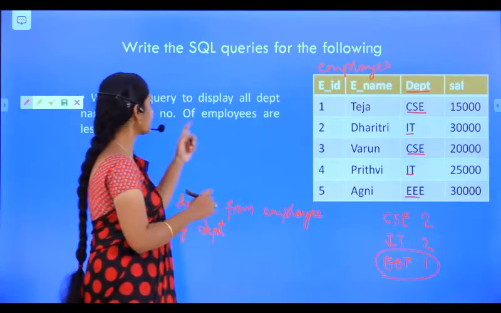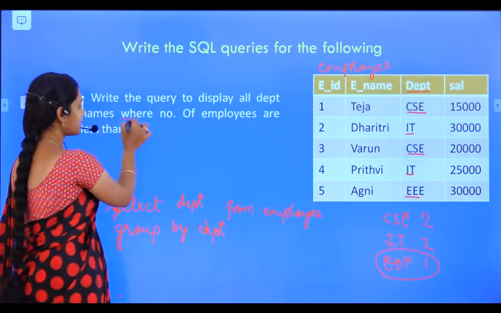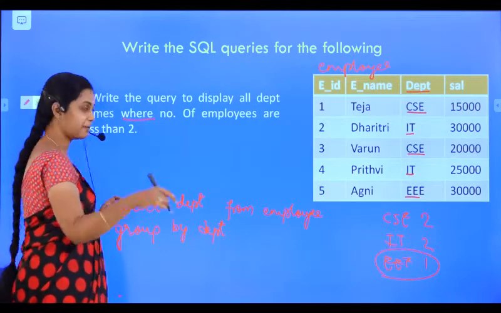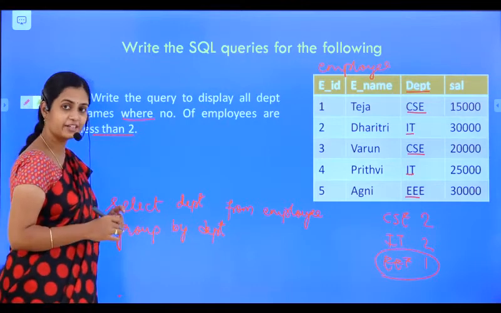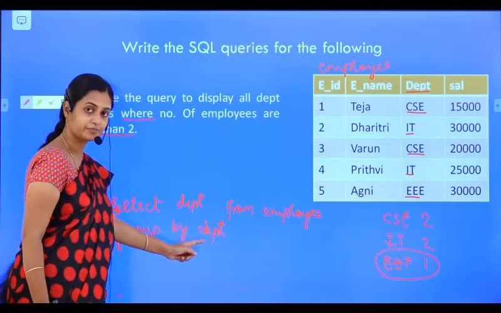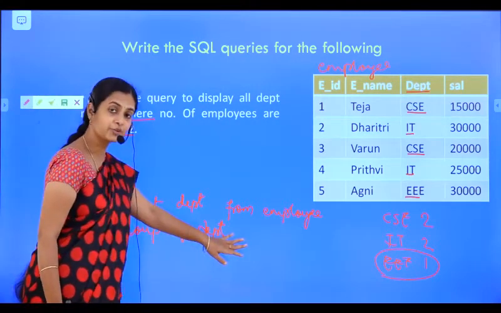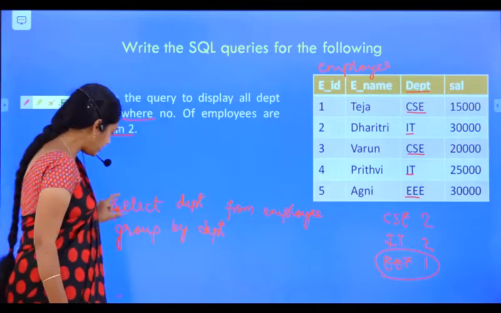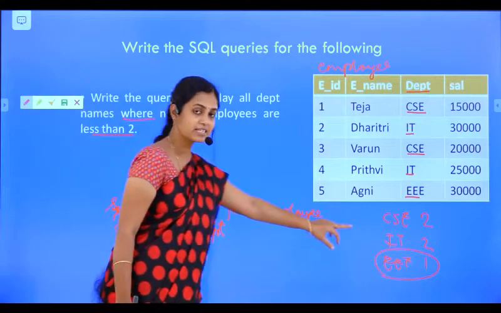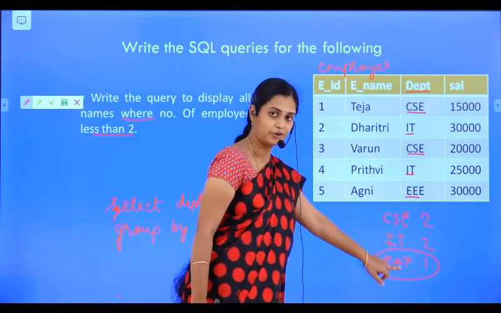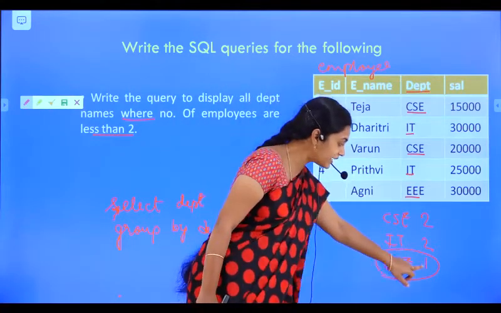Now what is the clause here? You need to select only the department where the number of employees is less than 2. How do you write that? What is the condition over here? When you execute this statement, this will be the output. So how do we get the count?